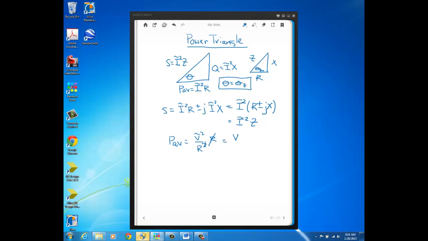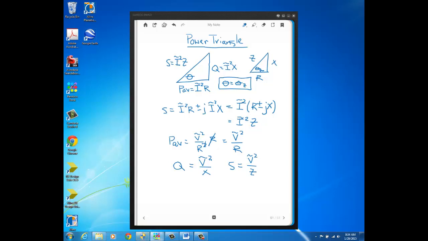So P average is also equal to V squared over R. Likewise, you can write the current for the reactance as the voltage across the reactance divided by the reactance. So Q, reactive power, is also equal to voltage squared over X, and S, the complex power, is equal to V squared over Z.